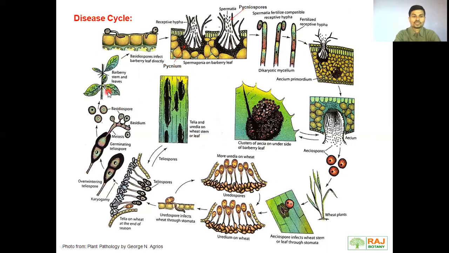These basidiospores now infect the barberry leaf, and this disease cycle goes on. It means that for the completion of the disease cycle of the Puccinia pathogen, two different hosts are required, barberry and wheat plant.